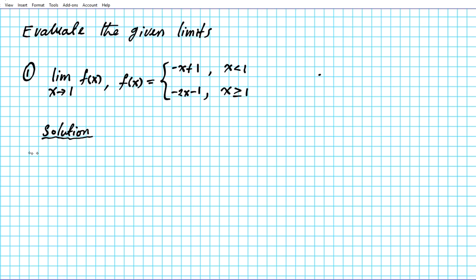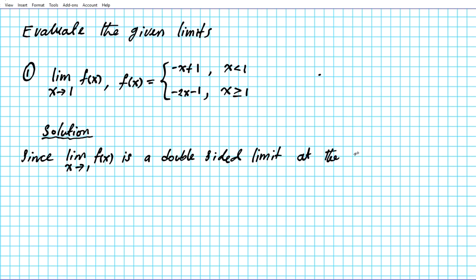Alright, so since the limit as x approaches 1 of f of x is a double-sided limit at the switch of the subdomains.